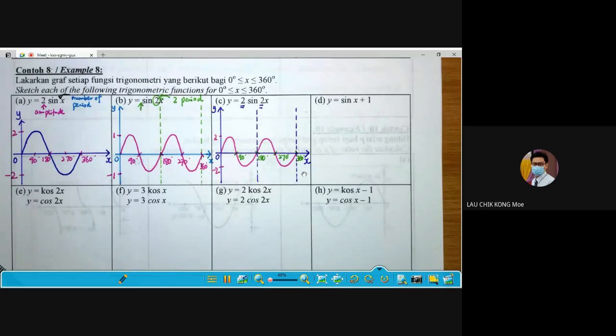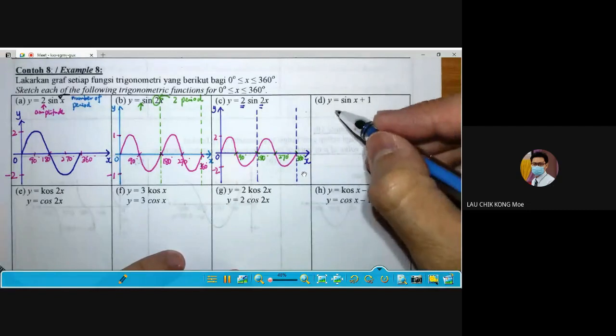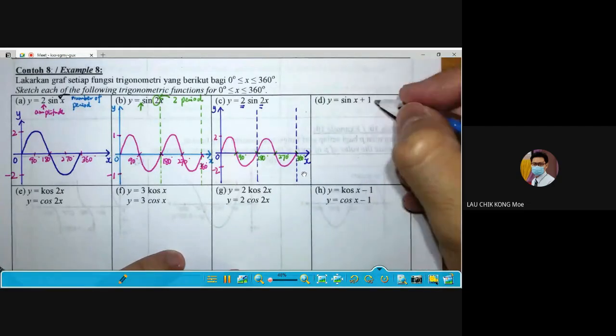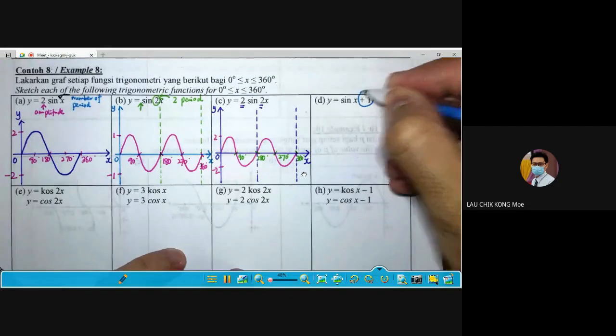Okay, and then we go to the D. This is easy. Look at the amplitude, look at the number of periods. But D is a little bit different. We want to draw y equals sine x plus 1. What do you mean plus 1?